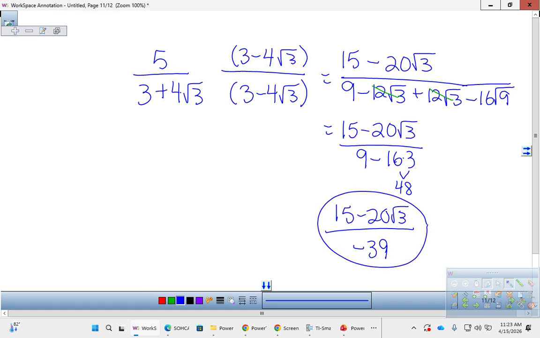I don't believe those coefficients have common factors, because 20 goes into 5, 15 and 20 go into 5, but 39 doesn't. 15 and 39 go into 3, but 20 doesn't, so I think when you get to that point, you're as far as you can go.